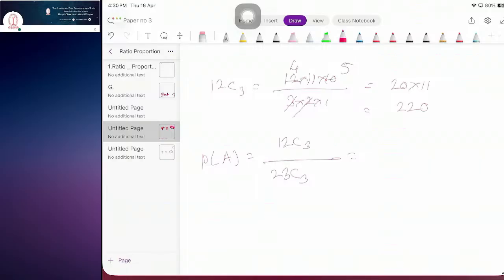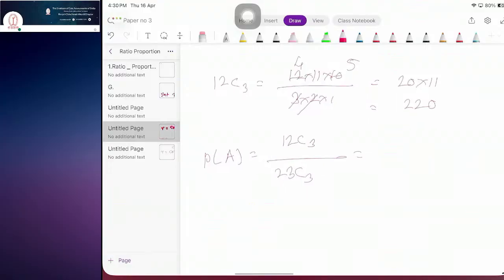We want to select 3 balls out of 23. That is our denominator part. And in the numerator part, what is the event? We like to choose 3 white balls out of 12 white balls, 12C3. So here you are getting the answer as 220 divided by 1771. Write it down, all of you.